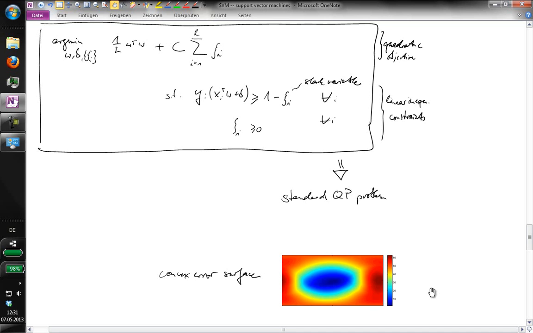So if you want to discriminate between more than two classes, there are either some very expensive formulations that try to do it all in one, but it's more common to then train one class against all others. So if you want to discriminate k classes, you need k classifiers that are all trained in a one against all fashion.